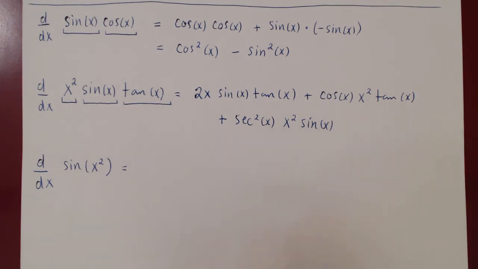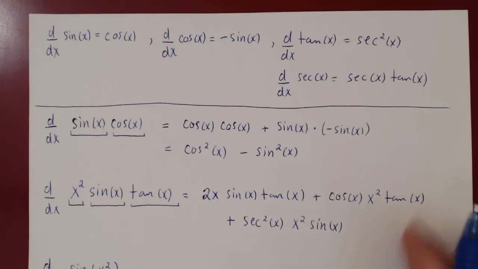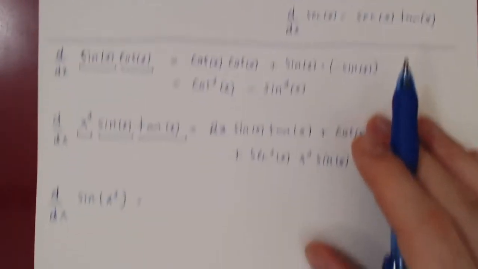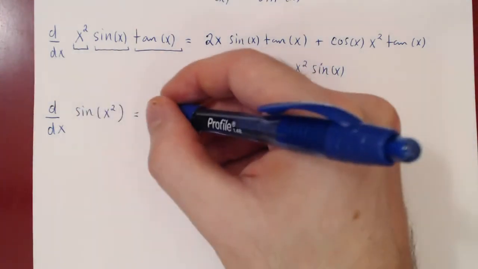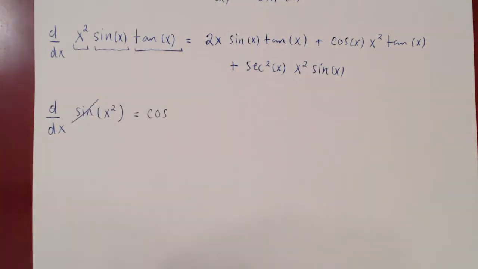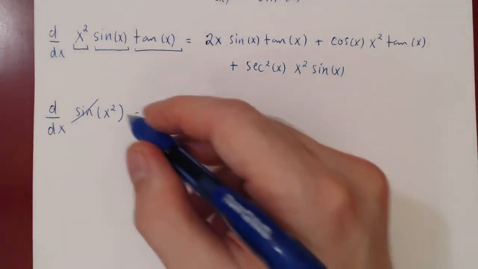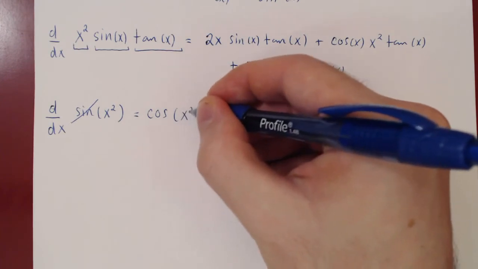So the chain rule says differentiate the outside function. The derivative of sine, if you remember, is cosine. We differentiate sine, cross it off, it's gone. Cosine of what? Of whatever is left over, which is x squared.